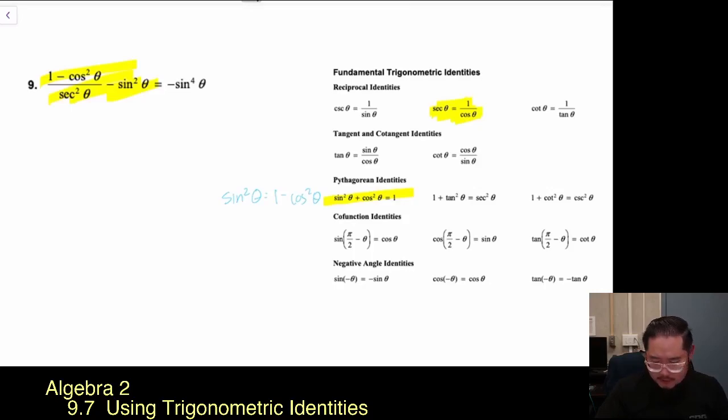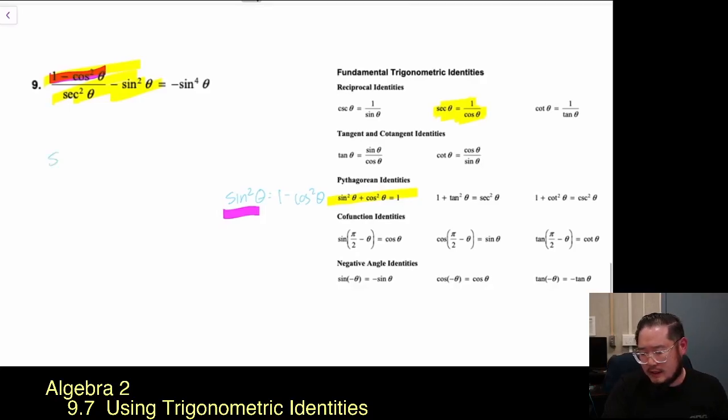Looks like for our numerator, I can go ahead and take this and substitute that in there. So now my numerator, I'll put 1 minus cosine squared theta and change that to sine squared theta. The secant squared, let me go ahead and put right there.